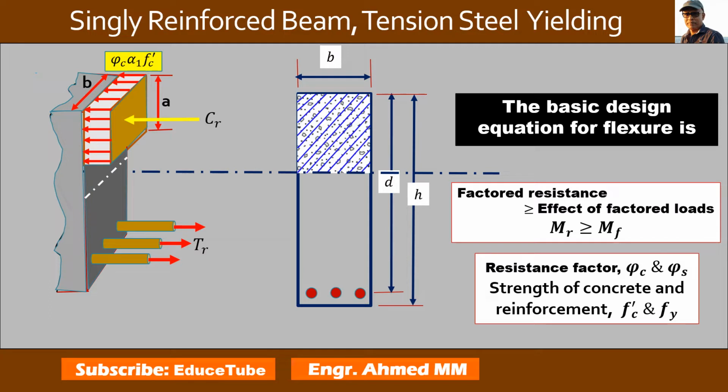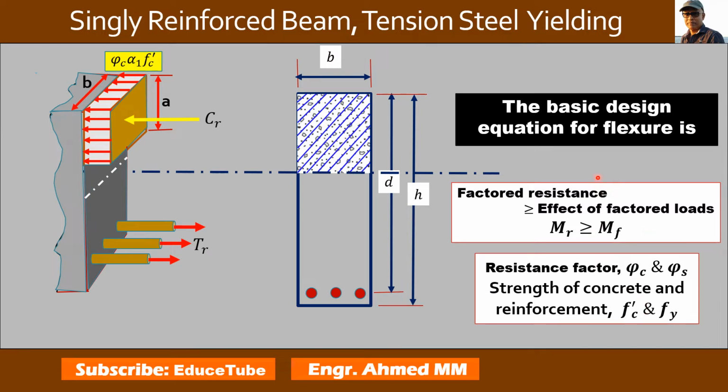Now, the basic design equation for flexure is factored resistance greater than or equal to effect of factored loads. In notation, we can write MR greater than or equal to MF. We can see it here.